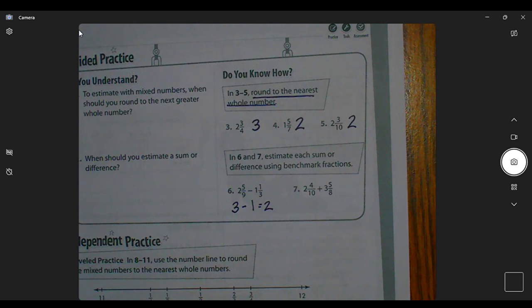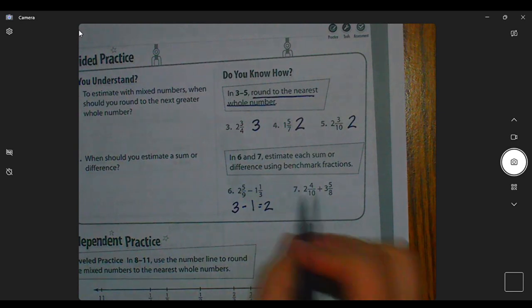So 2 and 4/10, is that closest to 2 or is it closest to 3? You're right, it's 2. 3 and 5/8.